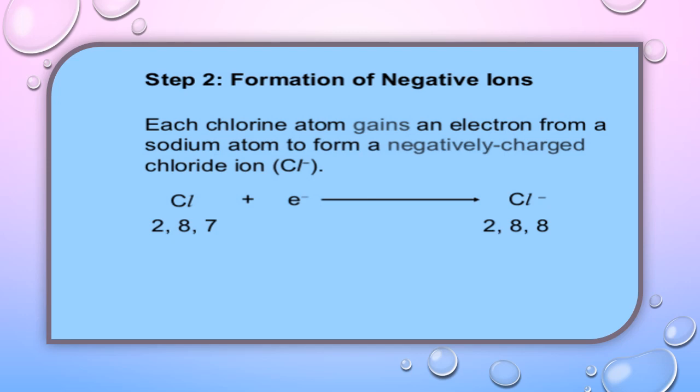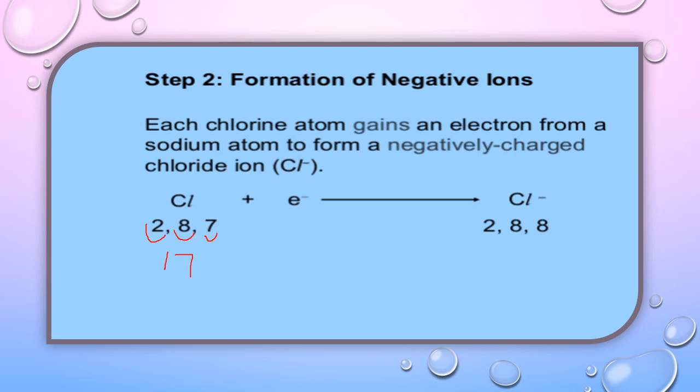And the second step is formation of negative ions. Atomic number of chlorine is 17 and its electronic configuration is 2, 8, 7.